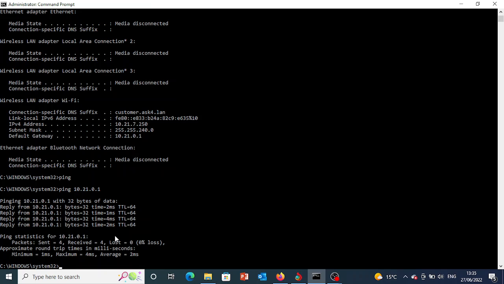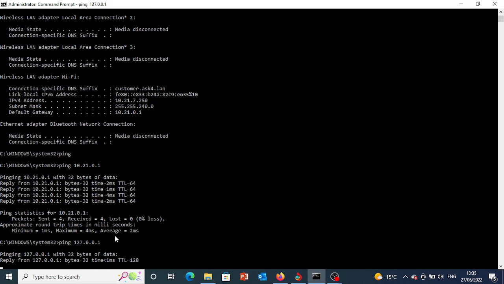Let's assume something happens and it fails to show that it has connected well with the router. I'll now come back to my machine and troubleshoot if my machine is the one which has the problem. To do that, you use the loopback address, which is always 127.0.0.1. So let me ping 127.0.0.1 and see.